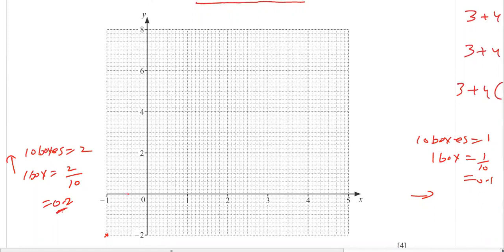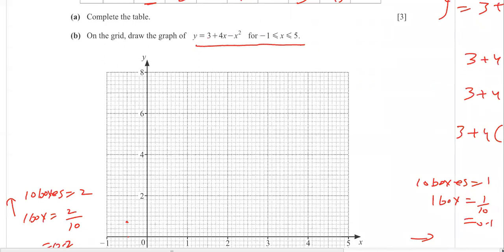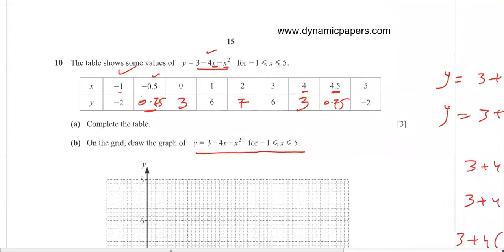Each box is 0.2, yes. So on the positive side of y, it will be 0.2, 0.4, 0.6, 0.75 approximately here. That will be the place. This is the second point.